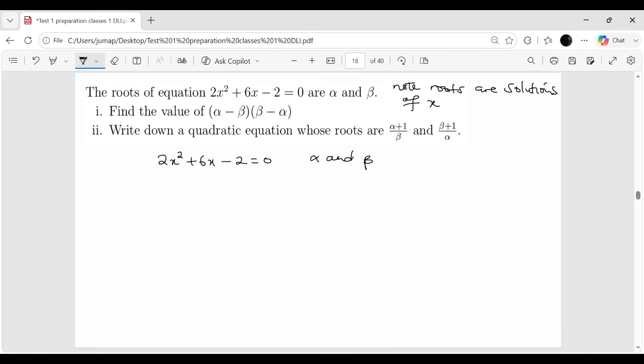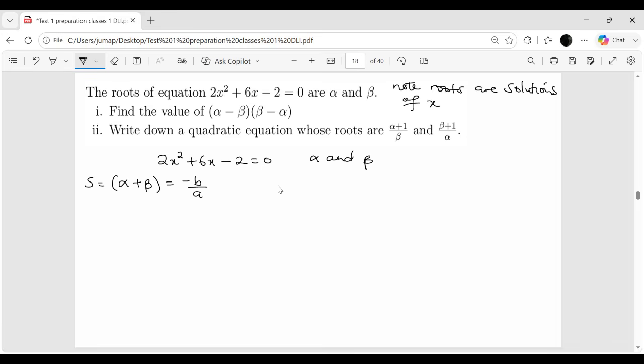The first thing we're supposed to do is find the sum of these roots and the product of these roots. The sum is alpha plus beta, which equals negative b over a. That is the formula for finding the sum of the roots of the equation.